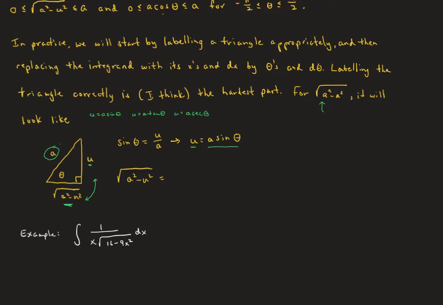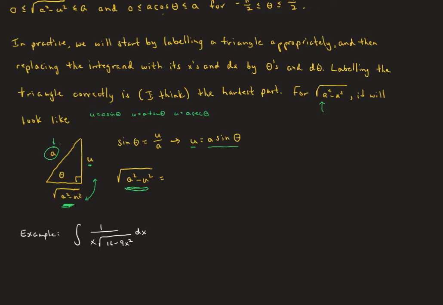So once we can figure out how to label our triangle, then because our integral is going to have a square root of a squared minus u squared in it, we're going to need to figure out what to call that in terms of theta. So we will look at the radical, which we've named as that adjacent side of our angle, and see where the constant is, and we want to pair it with that.